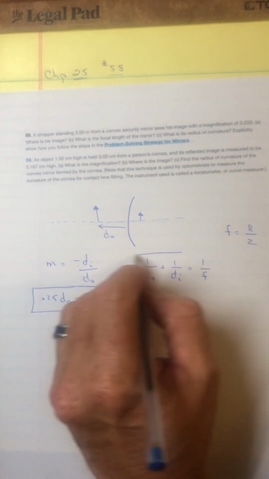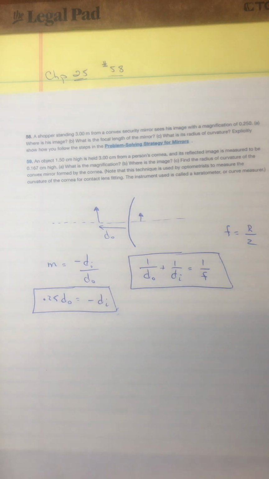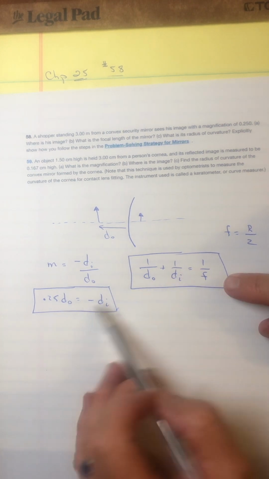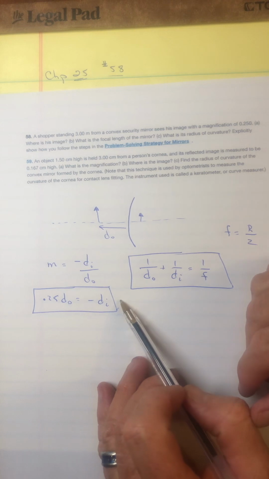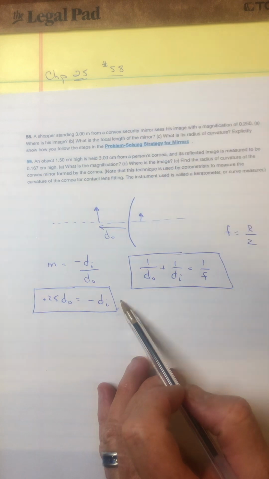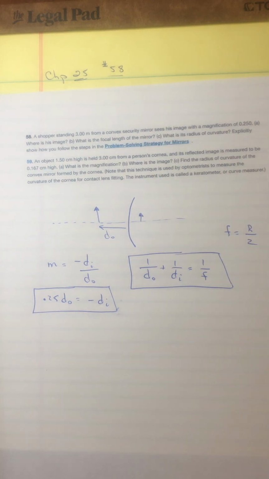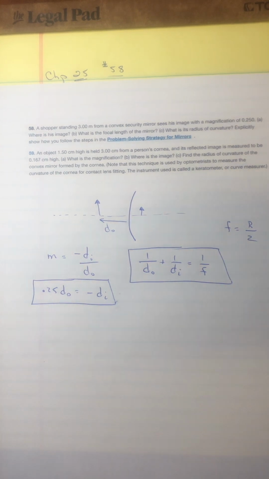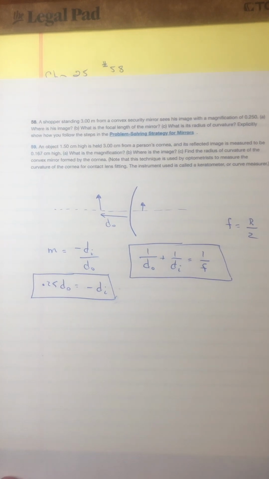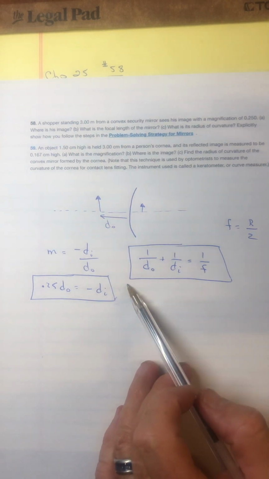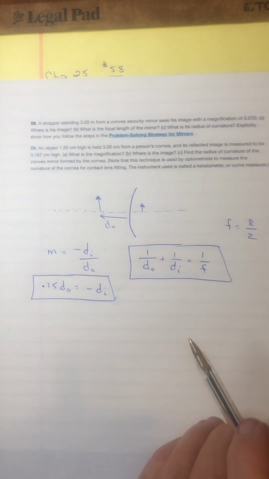But if we commit ourselves to memorizing these rules, they are great because they allow us to use the same equation, these 2 equations, for the concave and the convex mirror, as well as the concave and the convex lens. So yes, memorizing these plus and minus rules is a pain, but on the other hand, they are totally worth it, because then we can use the same equation for all of our mirrors and all of our lenses.